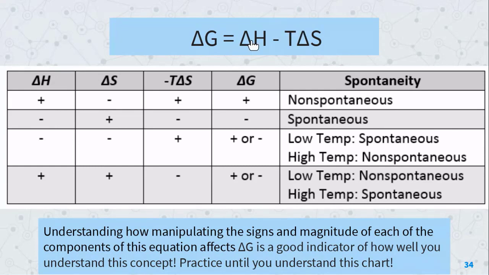But then if your delta H is the good one, if that's the one that's negative, but then your delta S is negative and you don't like that because that means your entropy is decreasing, then you want to minimize this component because that will cause it to be non-spontaneous. So to minimize this component, you want to make sure your temperature is as low as possible to minimize the effect of the delta S on the overall number. So that's why we say at a low temp, it's spontaneous when we have a negative here and a negative here.